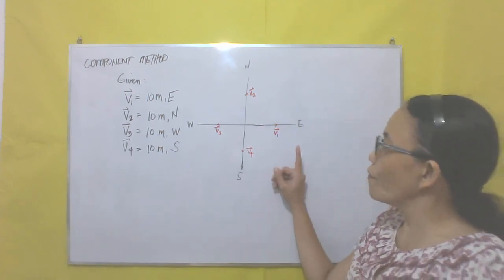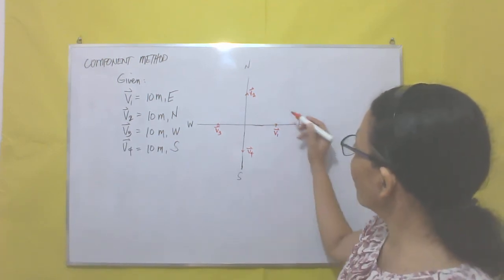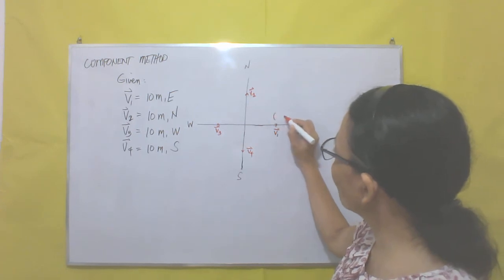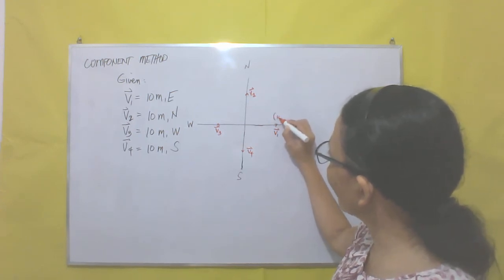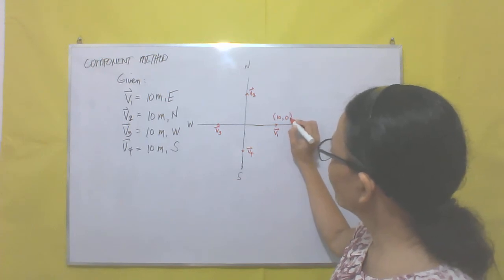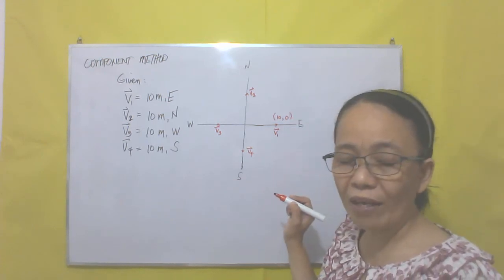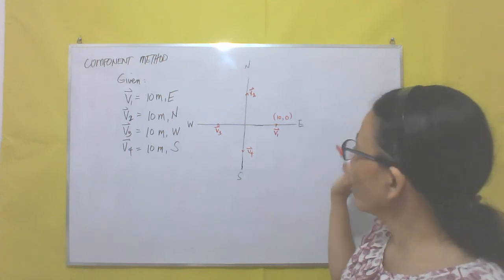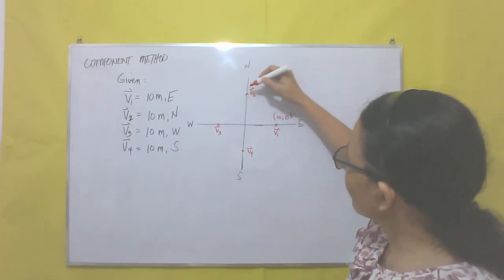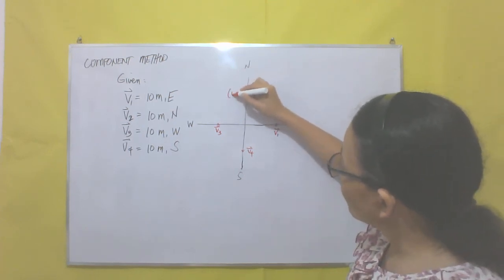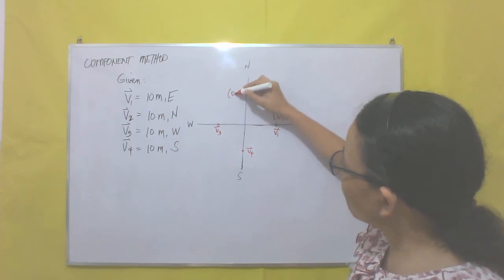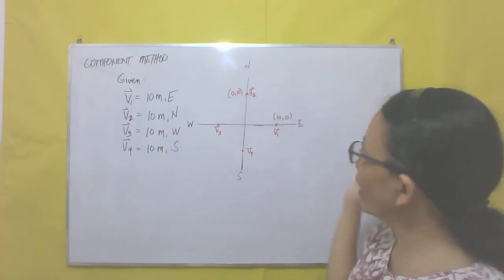So v1 has an ordered pair of positive 10 for x and 0 for the y component. And v2 is the same as the ordered pair 0 for x and positive 10 for y.